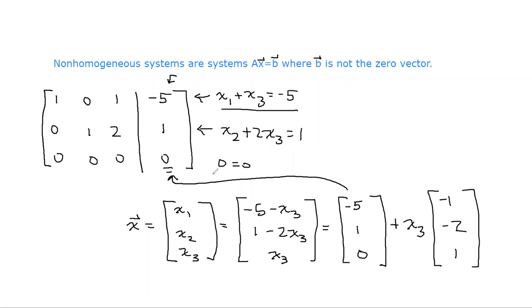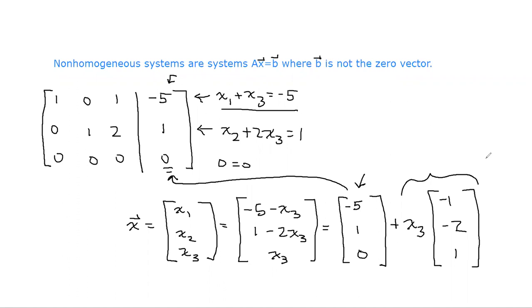You'll notice if we had this exact same system, but instead of being non-homogeneous, it were homogeneous, so this were all zeros, then this vector right here would just be the 0 vector, but we'd still have our same x3 times this same vector. What this means is if we have a non-homogeneous system, basically all we're doing is we're taking our solution set for our homogeneous system, and then we're translating it by that vector b.